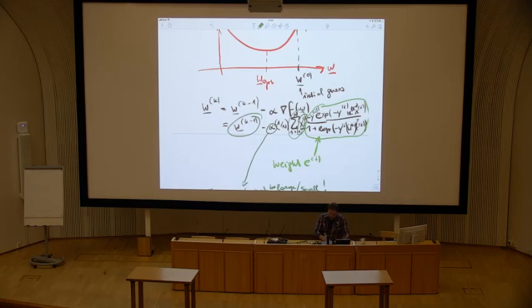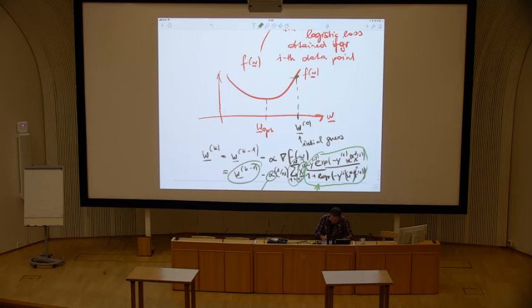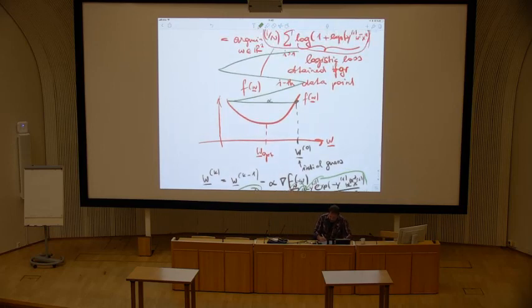N might be billions. So if alpha is too small, we need too many iterations. We cannot afford this. If alpha is too large, then this gradient descent might not converge, but diverge.